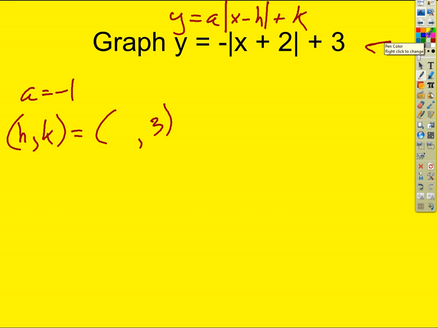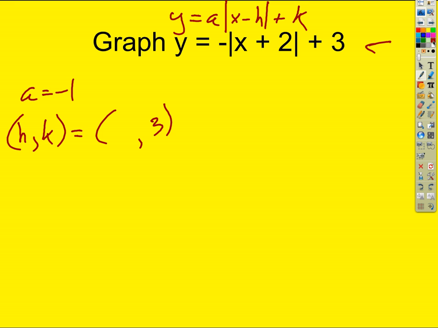Whatever the sign is, the operation that connects x to h, the sign of h is the opposite. So if it's x plus h, h would be negative. If I end up with an absolute value of x minus 4, what would h be? Positive 4. If there's a minus sign in between, then h is a positive value. It's always the opposite of the operation. Make sense? Okay, so once you know that trick, it's no big deal.